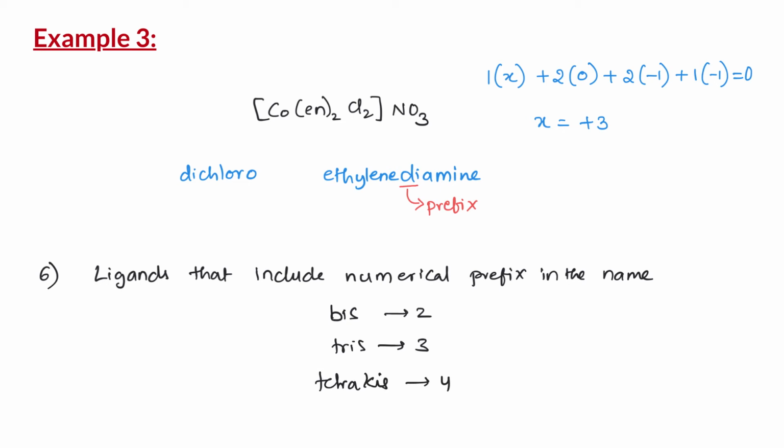We have 2 ethylene diamines, therefore we use the prefix bis and we put the ethylene diamine in parentheses. We are done with ligands.